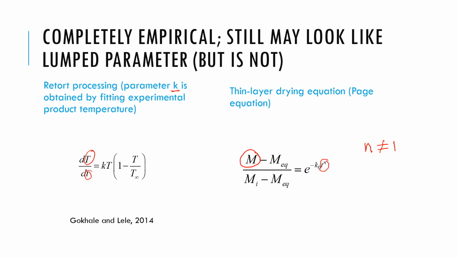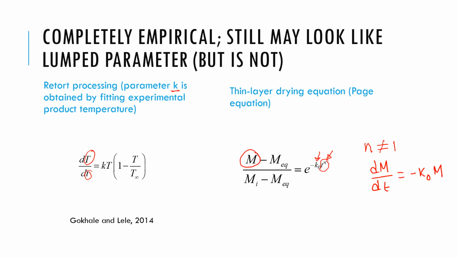It is just a way of fitting the data to get parameters like n and k0. If n is equal to 1, then this equation can come from a differential equation like this: dm/dt equal to minus k0 m. So which can look like a lumped parameter equation.